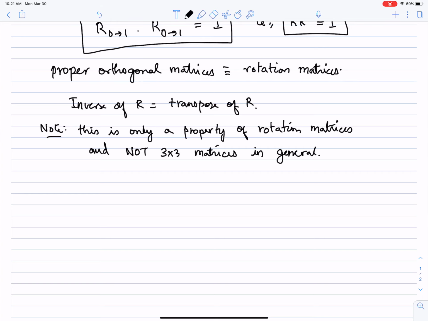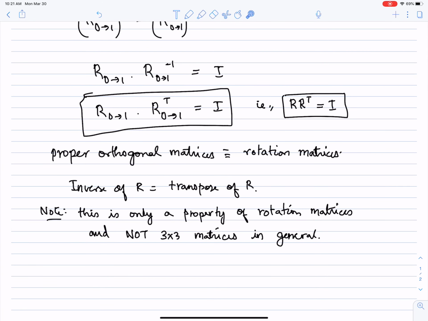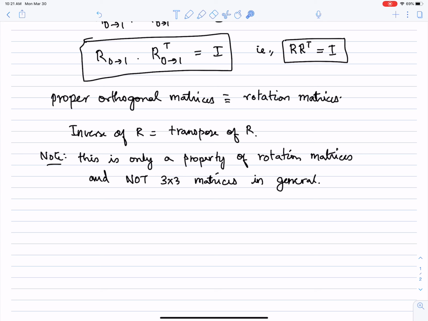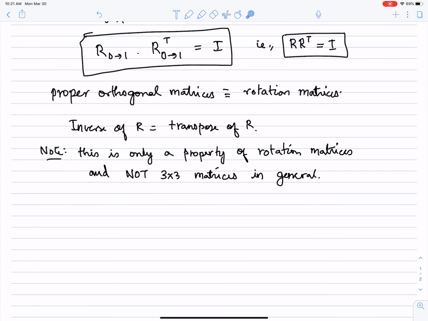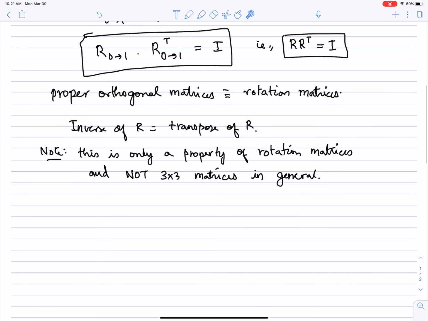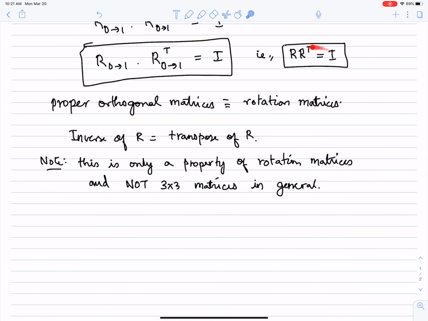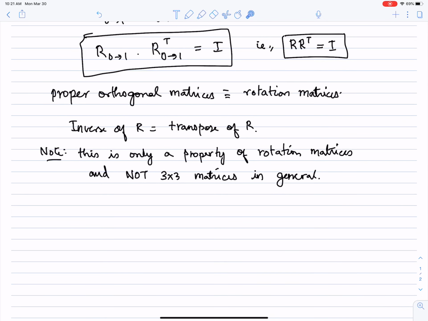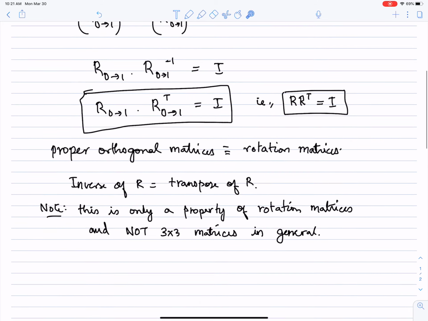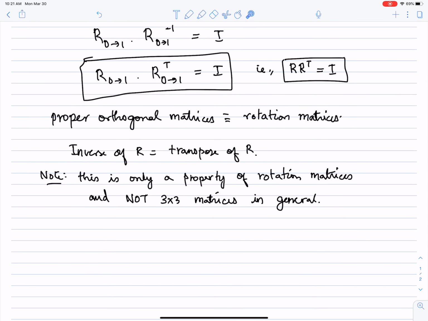Right. So if you have a general 3 by 3 matrix, computing the inverse, you have to go through a certain process. For instance, involving determinants and minors, or some kind of Gauss elimination process. But for rotation matrices, taking the inverse is as simple as taking the transpose. Okay. So those are two main properties.